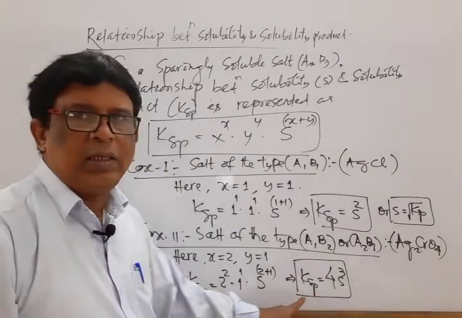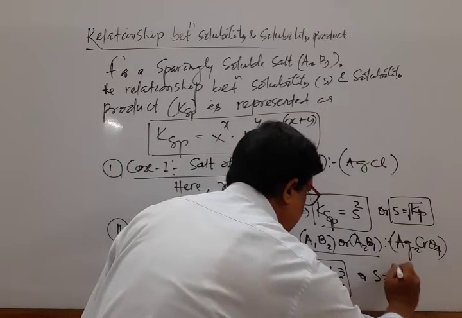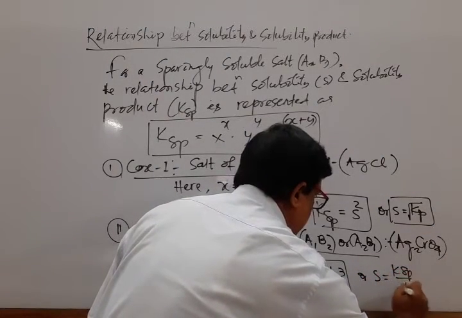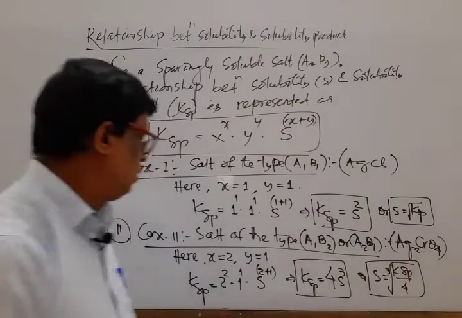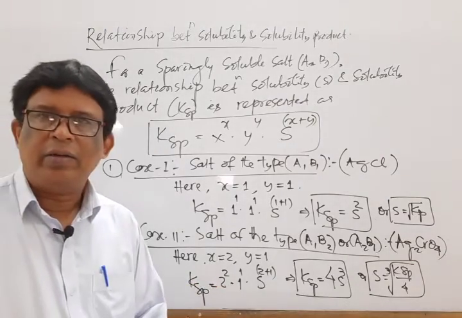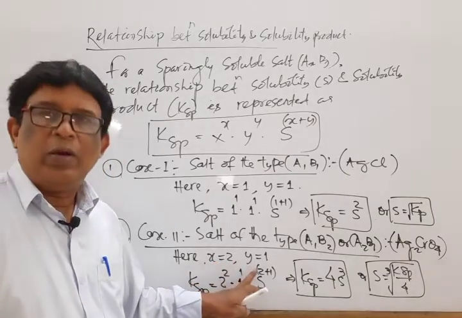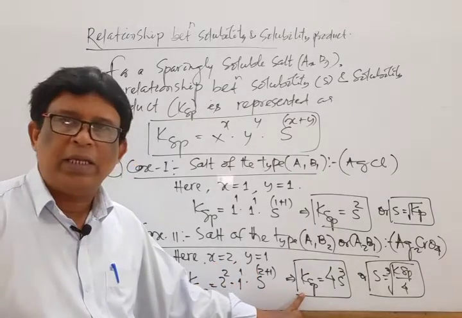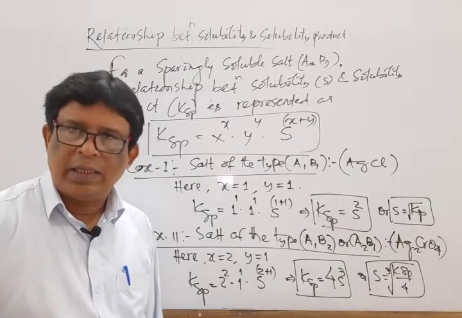The relationship is Ksp is equal to 4s cube, or s is equal to the cube root of Ksp by 4. I select here x is equal to 2 and y is equal to 1. It is homework to you: you also select x is equal to 1 and y is equal to 2. Mark that, same relationship, that is Ksp is equal to 4s cube.